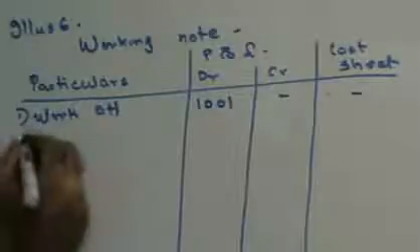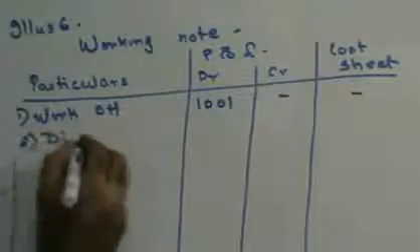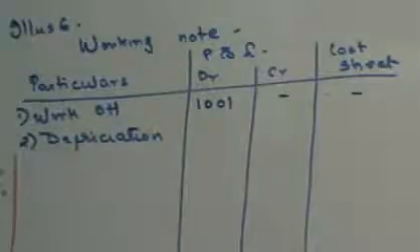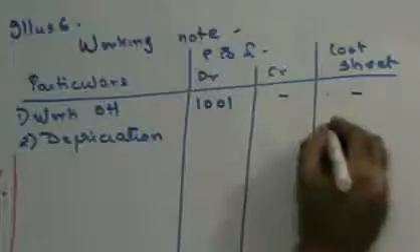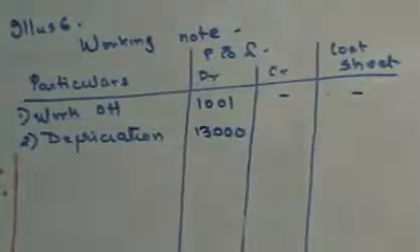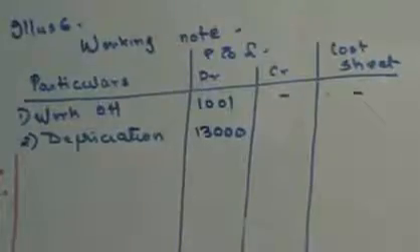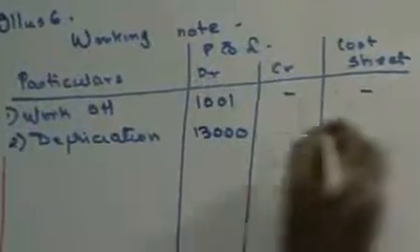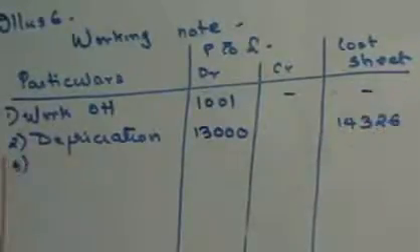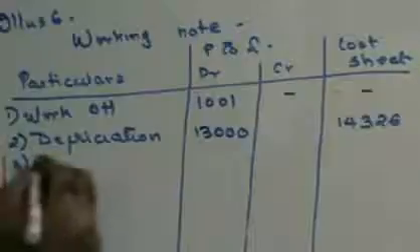Next, depreciation. Depreciation as per finance is 13,000 and as per cost is 14,326. Next, obsolescence loss in finance only.